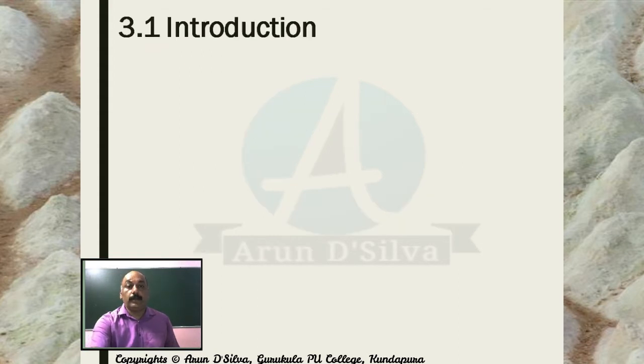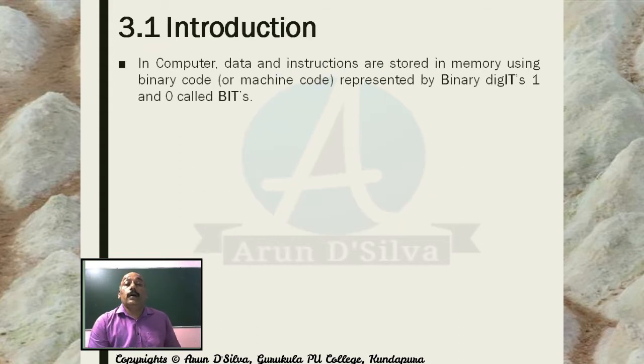Let me speak about the introduction. In computers, data and instructions are stored in memory using binary code, or in another way we say machine code, that is represented by binary digits 0 and 1, called bits.